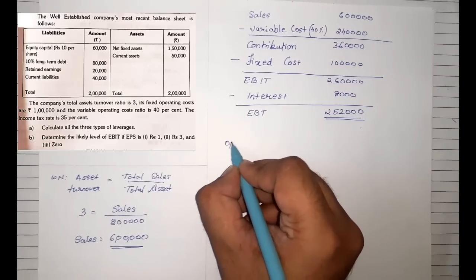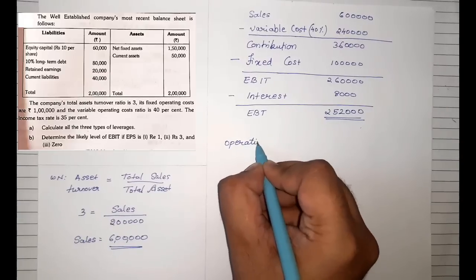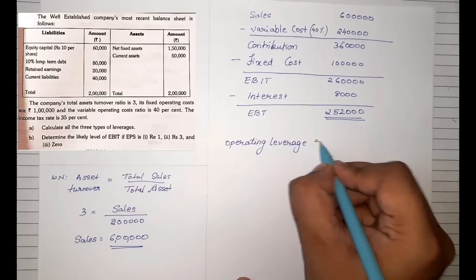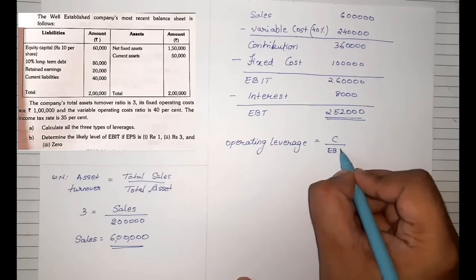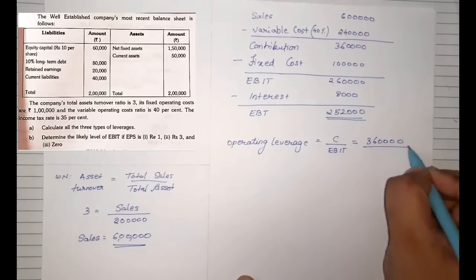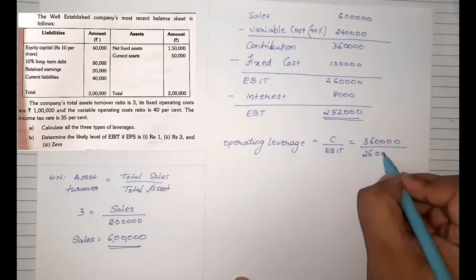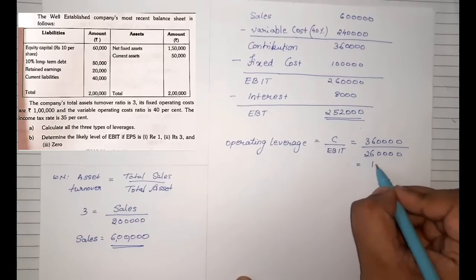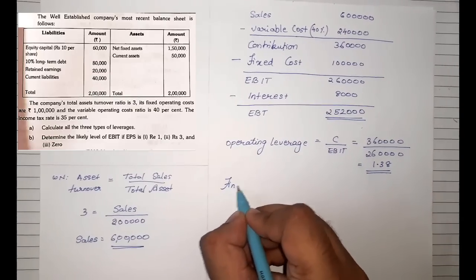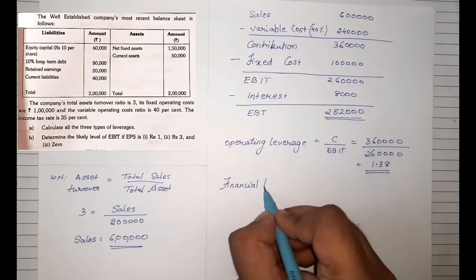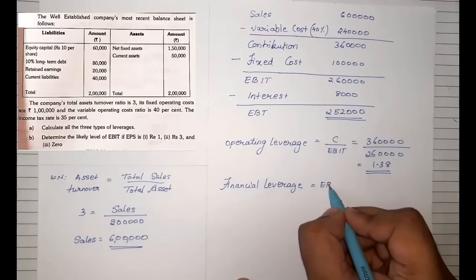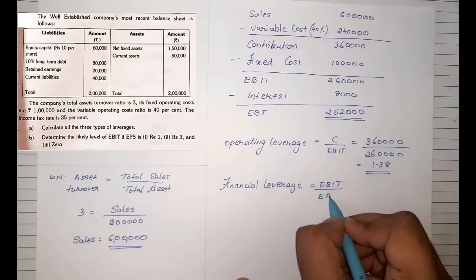The very first thing is operating leverage. Operating leverage is equal to contribution upon EBIT, which is 3,60,000 upon 2,60,000, which comes to 1.38. Second, financial leverage. The formula for financial leverage is EBIT upon EBT.